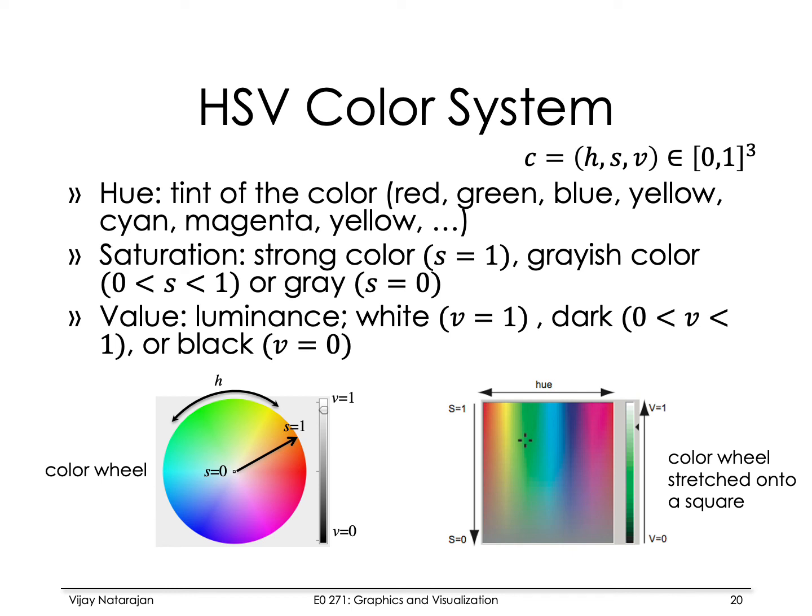So is it a strong color, so dark blue versus light blue, for s equal to 0, and anywhere in between. The third coordinate value tells you how bright the light is, how much white is present in the light. So the third coordinate v equal to 1 corresponds to white, and v equal to 0 corresponds to black. HSV is perceptually a more appropriate color space and is often used to represent color maps.